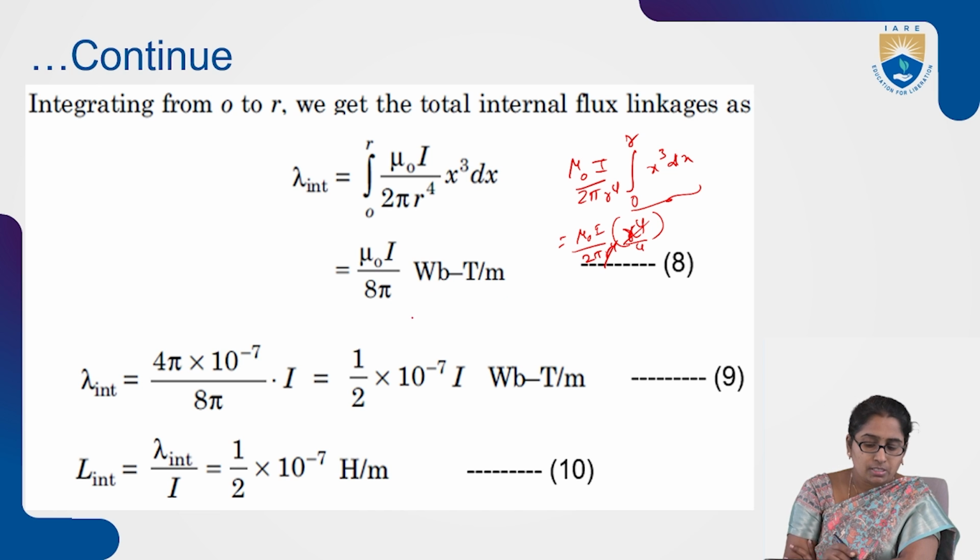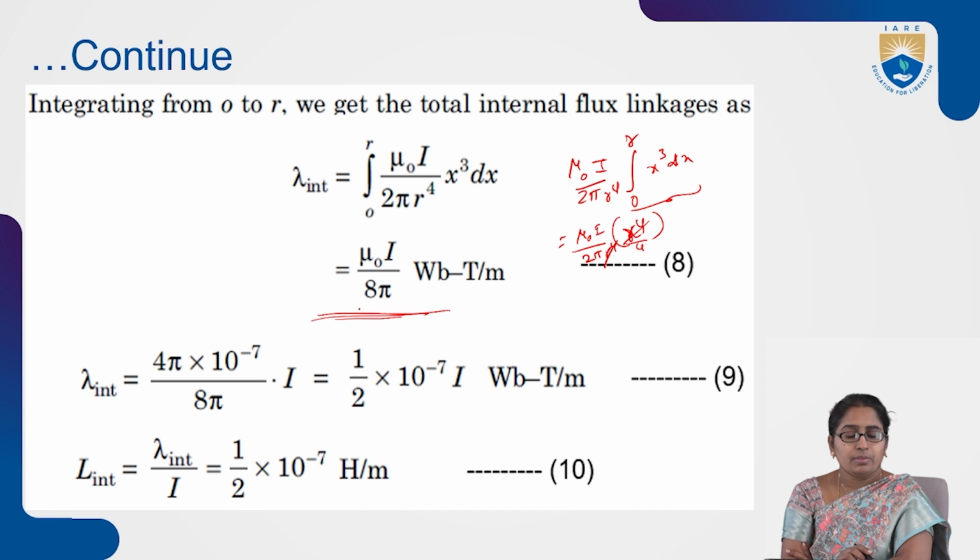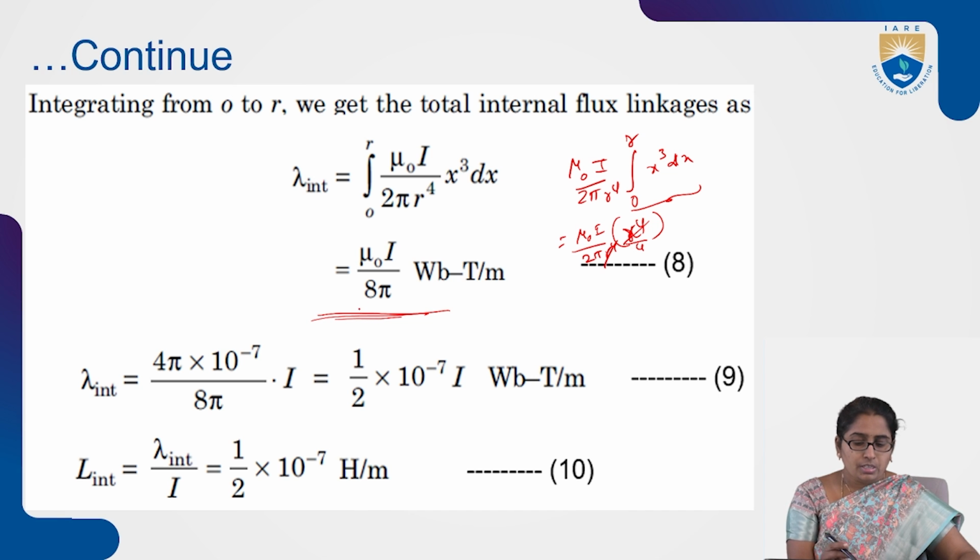Just at this stage, remember mu naught I by 8 pi, with units of flux linkages in Weber turns per meter length, where mu naught is 4 pi into 10 power minus 7. This is the internal flux linkages expression, and that's all for this class.